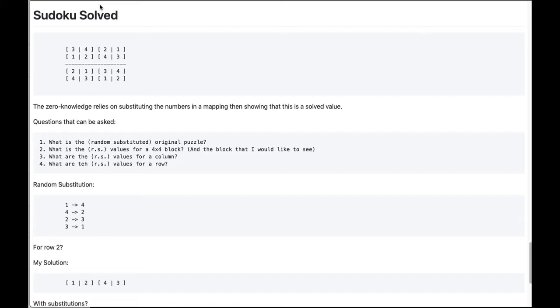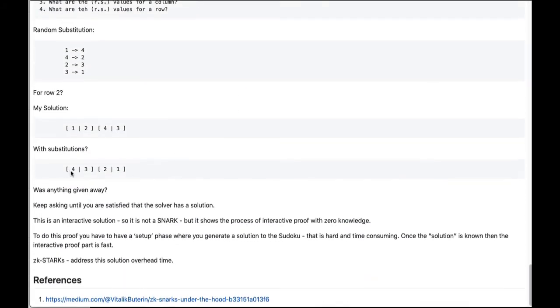So, for the solution of 1, 2, 4, 3, which is the second row down, that's this one right here, they ask for that. After the substitution, we've got a 4, 3, 2, 1, which demonstrates, because they can add it up and get the same consistent value, that we've given them back a correct answer.